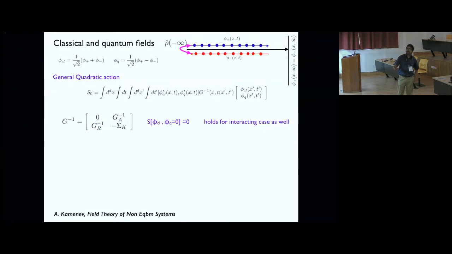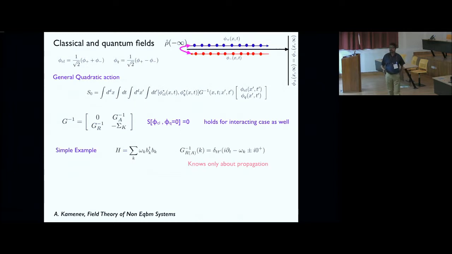And there's a generic inverse Green's function that is sitting here. However, one thing immediately jumps out when you go to this: the classical-classical component of this must be zero. So if you take an action and you set the quantum terms to zero, only S of phi classical must be zero for all interacting cases as well.